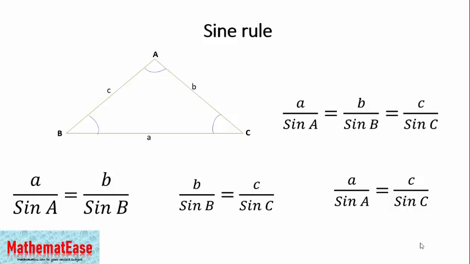Assuming a is the one you are looking for, you must have sine A, b, and sine B. Then you'll be able to find a. Likewise, if you have b and c, or you have a and c. I will give an example on this later.